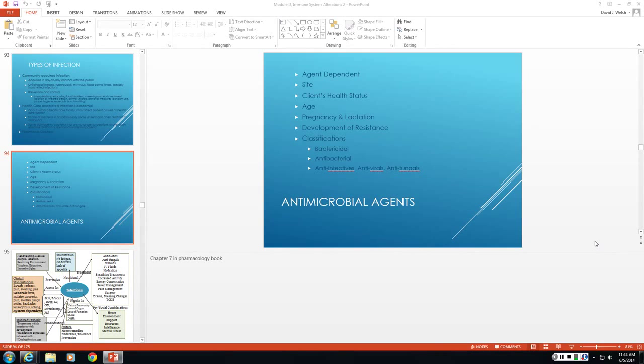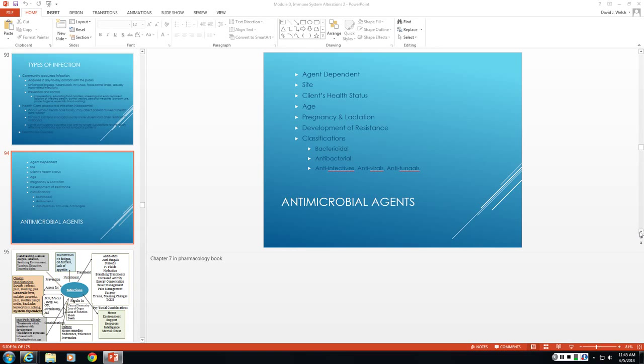When using antimicrobial agents, they're going to look at the agent, the site, the client's health status, their age, whether there is any pregnancy or lactation going on, and development of any kind of resistance. There are different classifications of these antimicrobial agents: antibacterials, anti-infectives, antivirals, antifungals.